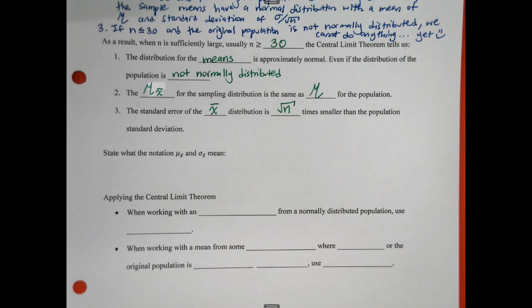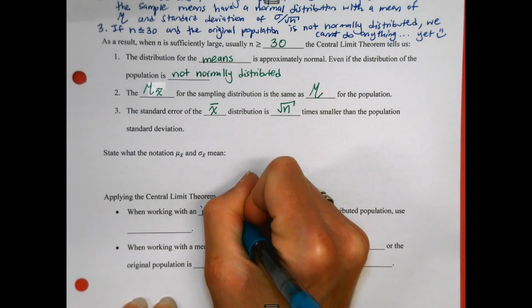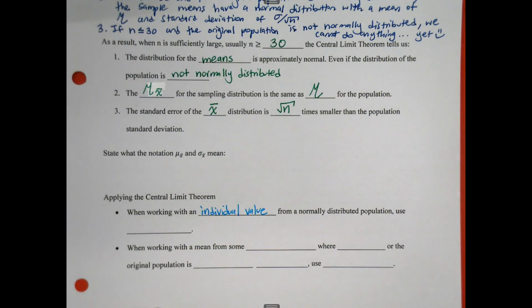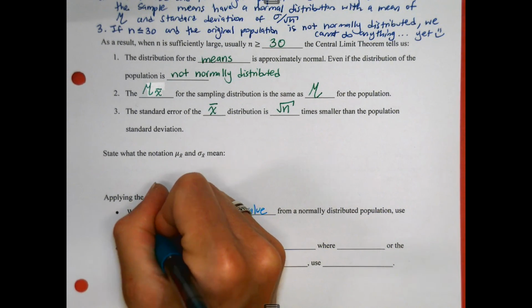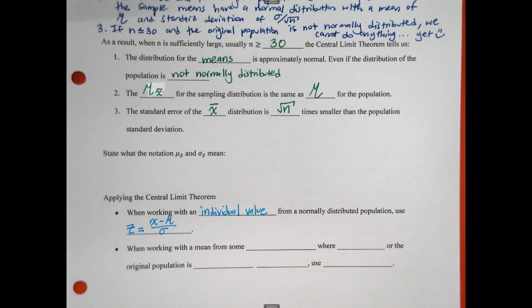When we are working with an individual value from a normally distributed population, we use z is equal to x minus the mean divided by the standard deviation. That's what we did in sections 6.2 and 6.3.